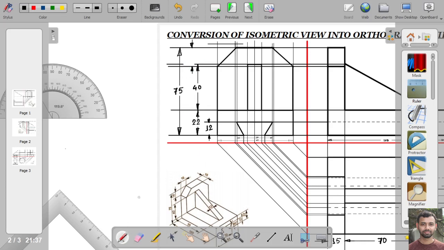So this point to this point, it is 16 mm. Okay, and here also from this point to this point, it is 16. Okay, these are all the dimensions.